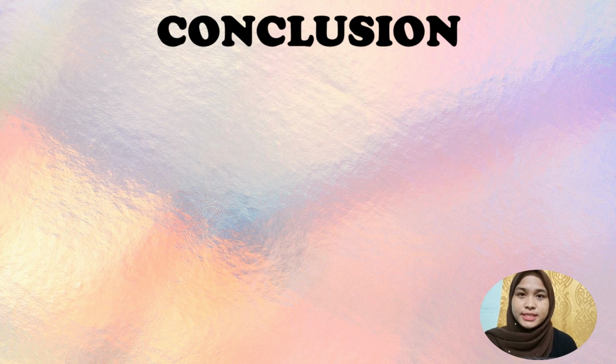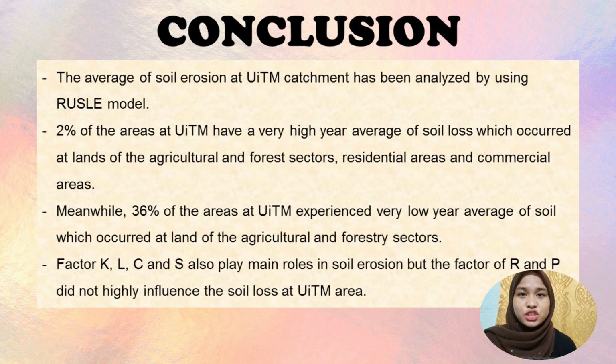As a conclusion, the average soil erosion at the UITM catchment has been analyzed using the RUSLE model. There are 2% of the area at UITM that have a very high yearly average soil loss, which occurs on lands of the agriculture and forestry sectors, residential areas and commercial areas. Meanwhile, 36% of the area at UITM experiences a very low yearly average soil loss, which occurs in the agriculture and forestry sectors.